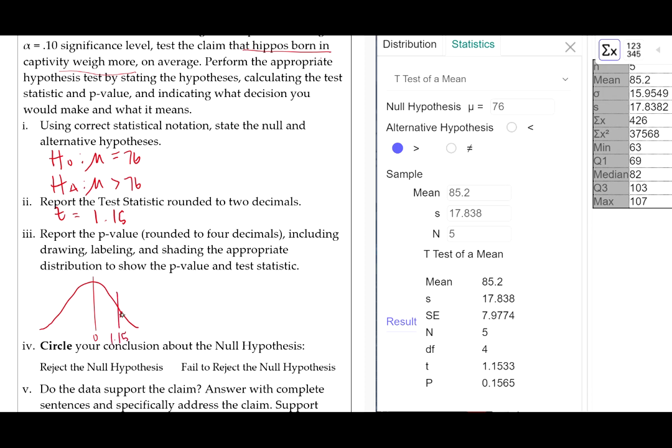And since we had a greater than, I'm going to shade the area to the right of it. That is the area for my p-value. And that area is equal to the p-value, which is given in our output as 0.1565.